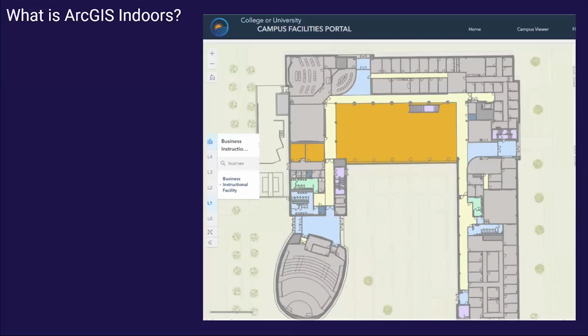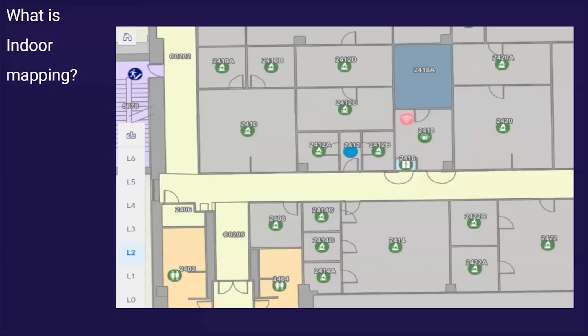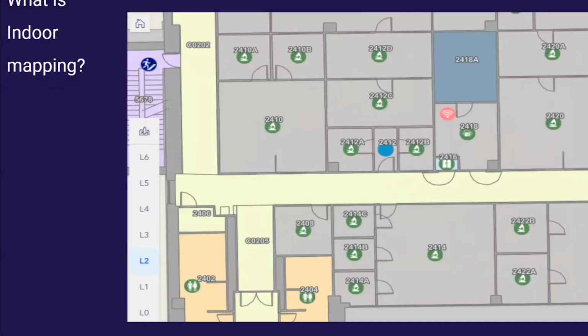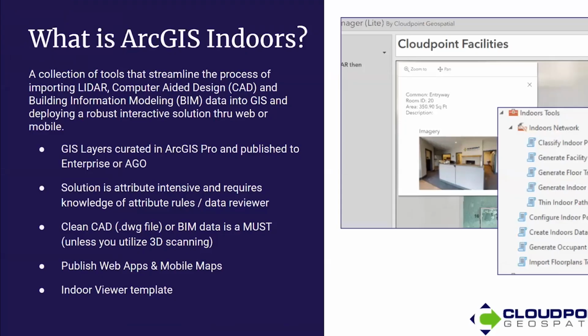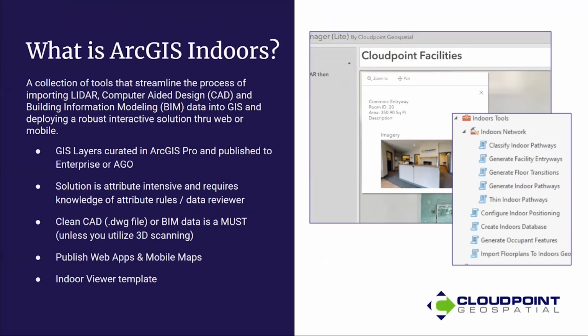So we'll discuss what is ArcGIS Indoors versus what is indoor mapping. It's a difference, but they're related. ArcGIS Indoors is specifically an Esri product. It's a collection of tools that streamline the process of importing LiDAR, CAD, and BIM data into a GIS configuration and deploy a robust interactive solution through web or mobile devices.